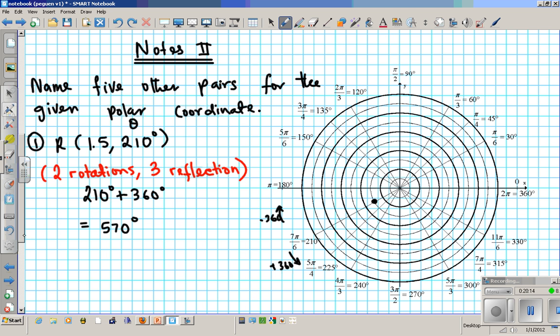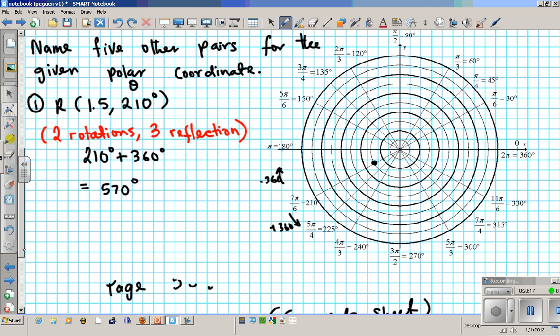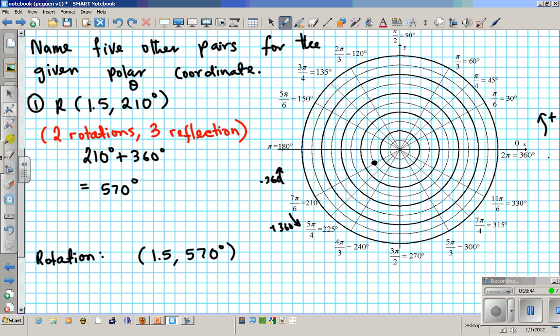It's good for us to organize our work so we don't get confused. So for rotation, my first one is going to be 1.5, comma, 570. So there goes my first answer. This is counterclockwise. Remember, counterclockwise is positive, and clockwise is negative.